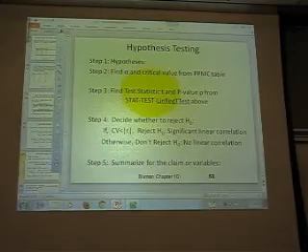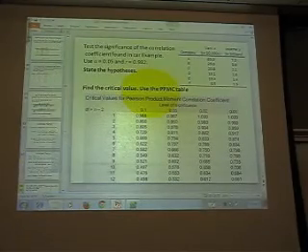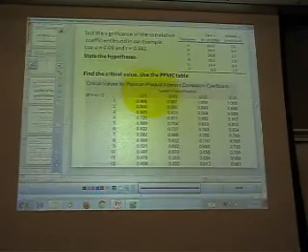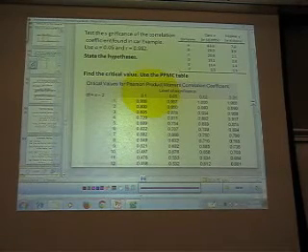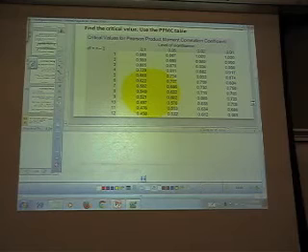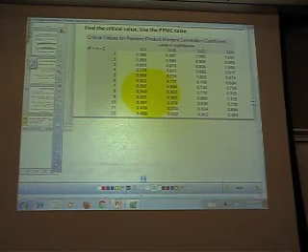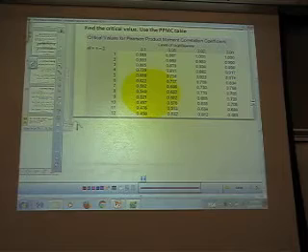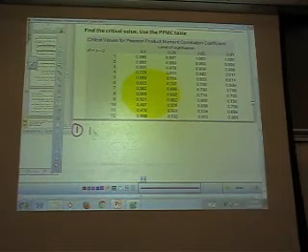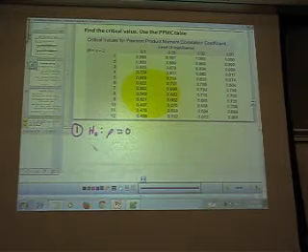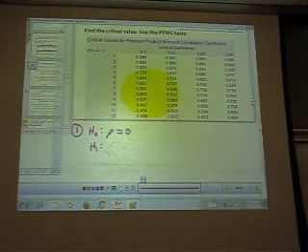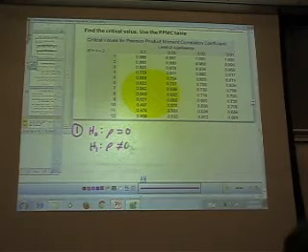This is going to be really similar. Here's an example. Is this in your sheet? Yeah, it's in the very bottom. Let's do this last one together. It should only take a couple of minutes. Stay focused. Number 1, always, H0 is that rho is equal to 0. H1 is that rho is not equal to 0.